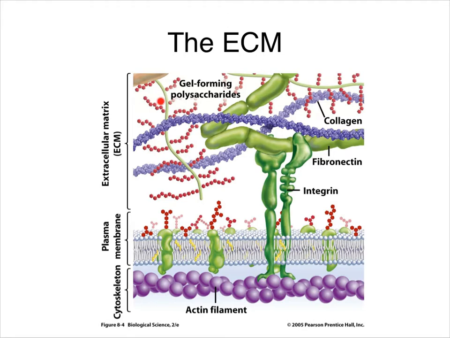And here we can see this is actually probably a proteoglycan. It's got a sort of protein fibrous bit, and it has all of these long polysaccharides coming out of it.